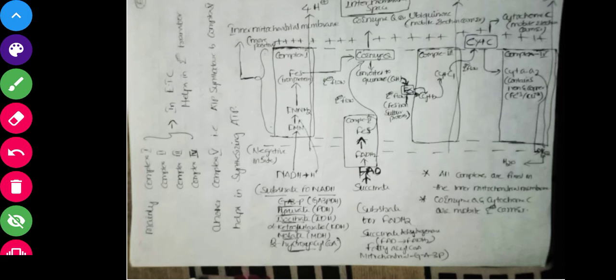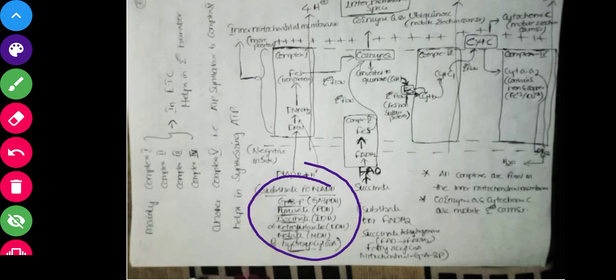We have to study the first complex, which is NADH coenzyme Q oxidoreductase complex. Electrons will flow from NADH to coenzyme Q. So how will this NADH help? NADH is formed by a number of substrates.